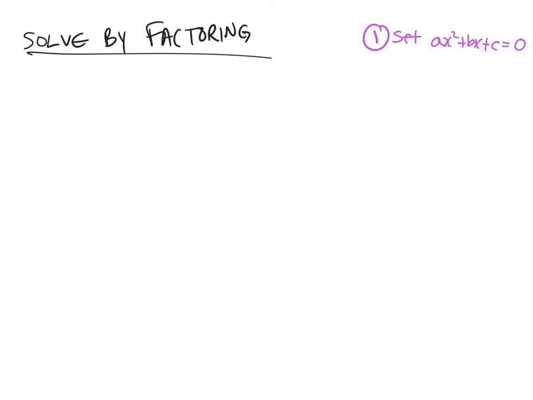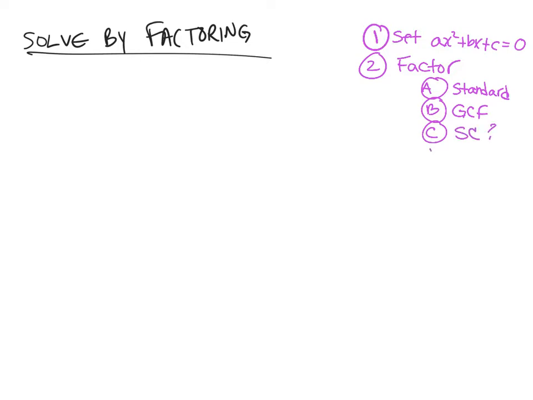If you are then factoring, remember the little steps that we used to factor. In order to factor, you're going to first put it in standard form. Then you're going to ask yourself if there is a GCF. Then, is it a special case?